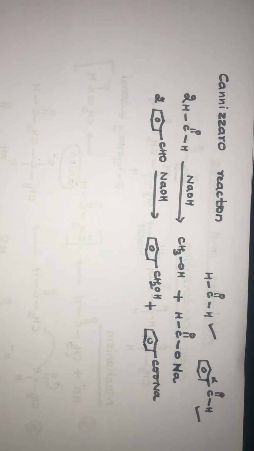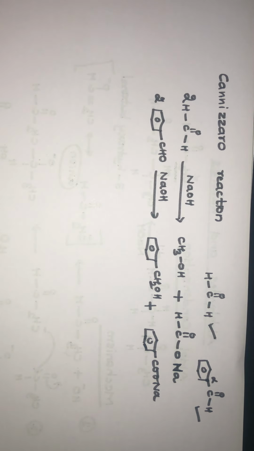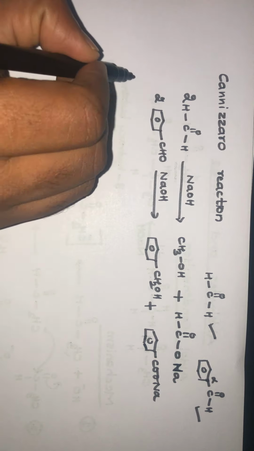So this reaction is shown only by those molecules which do not contain alpha hydrogen. If a molecule contains alpha hydrogen, then it will undergo aldol condensation. Let's go to the mechanism of this reaction.